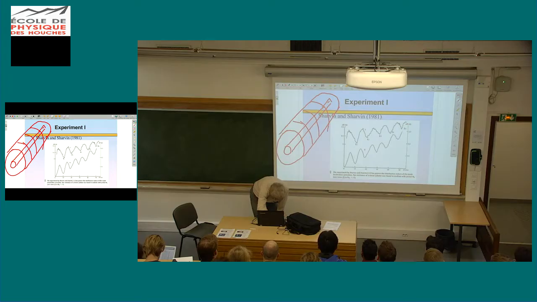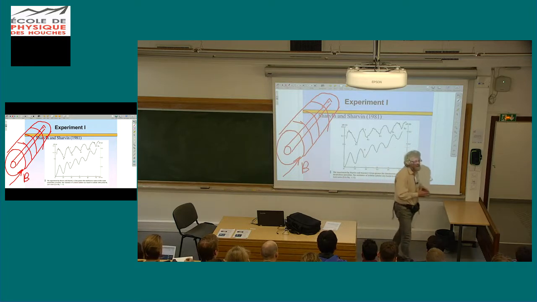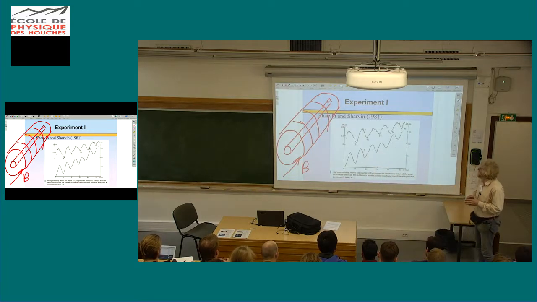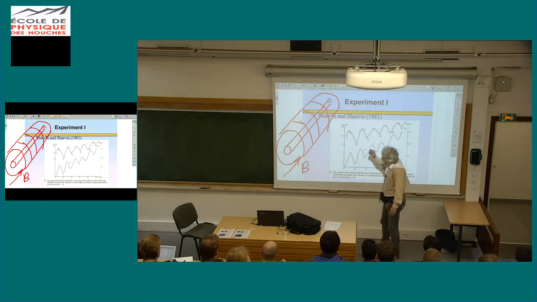They put a magnetic field in the direction of the cylinder axis, and they also put a couple of contacts. They measured the resistance of the structure as a function of magnetic field. First of all, the modulation is small with respect to the total resistance.